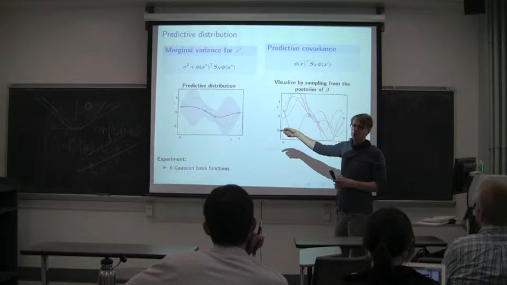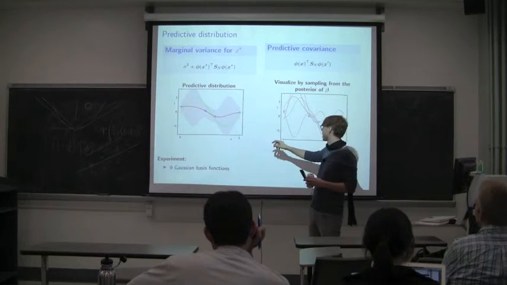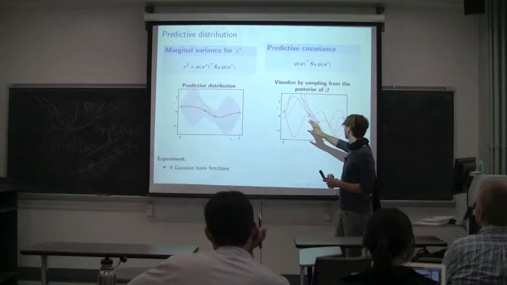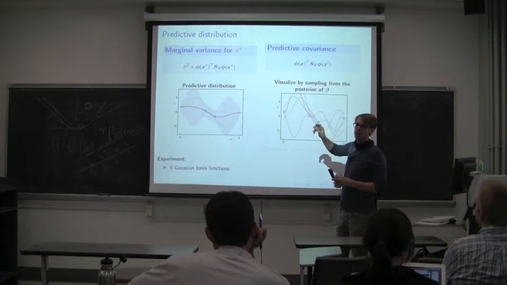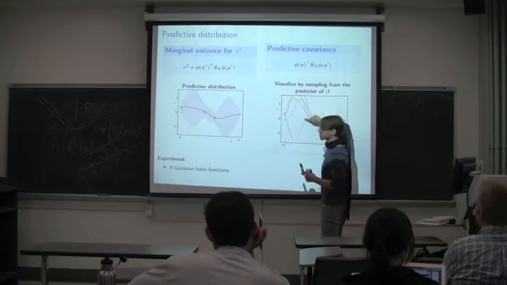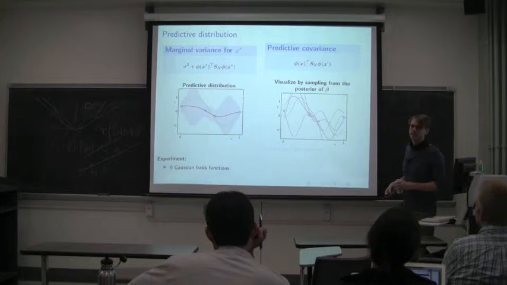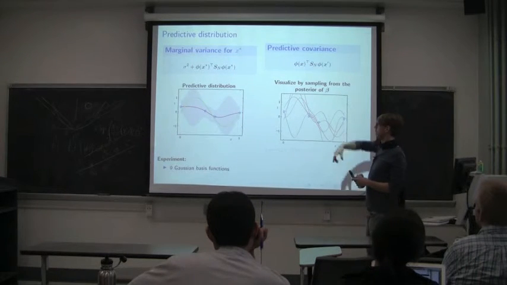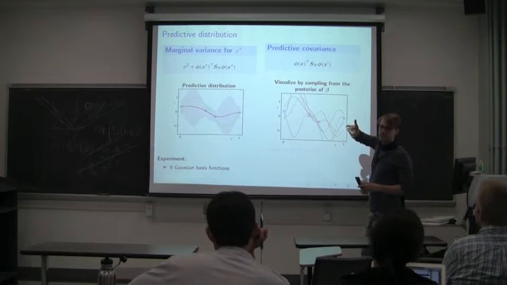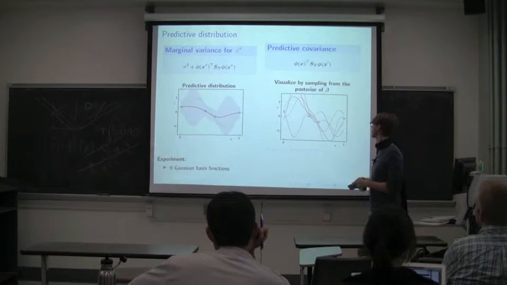If you use fewer basis functions, so here we use 9. If you use 100, you can get functions that go like this, because you get these huge weights and whatever, right?